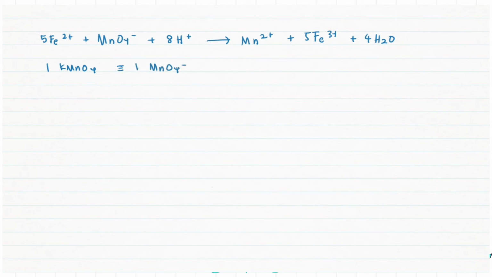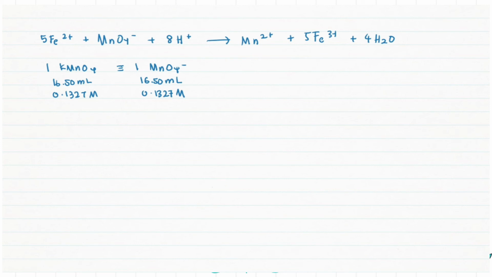So 16.50 ml of 0.1327 molar KMnO4 means we also have 16.50 ml of 0.1327 molar MnO4-.